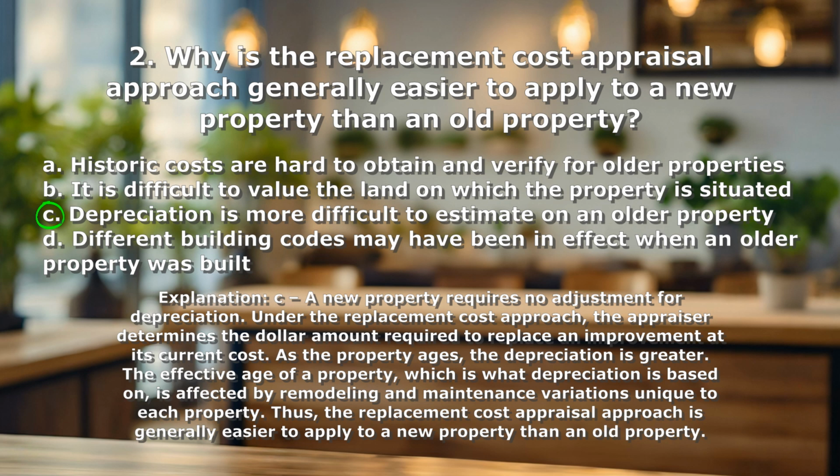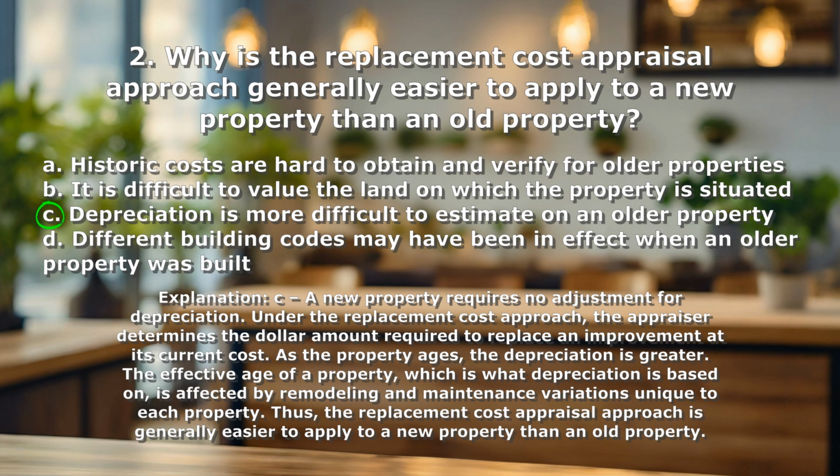So let's walk through this one. A new property requires no adjustment for depreciation. Under the replacement cost approach, the appraiser determines the dollar amount required to replace an improvement at its current cost. So as the property gets older, the amount of depreciation is greater.